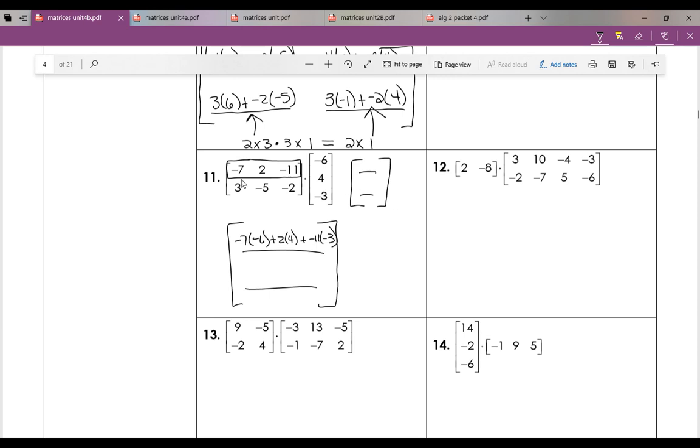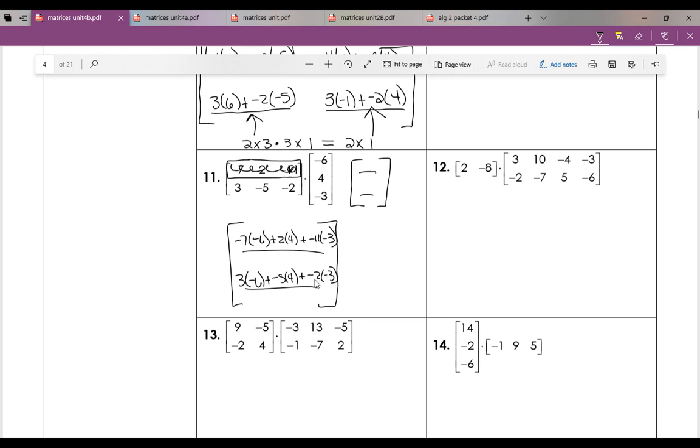Second set, I'm done with this row. We only needed 1 number in the first row, so I'm done there. I'm going to take those bottom 3 numbers in that second row, pair them off with those 3 numbers in that column. So that's 3, -6, -5 and 4, -2 and -3. Now, even here, my -6 is lined up, my 4 is lined up, my -3 is lined up.